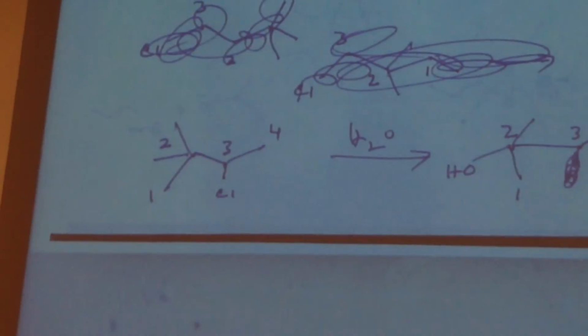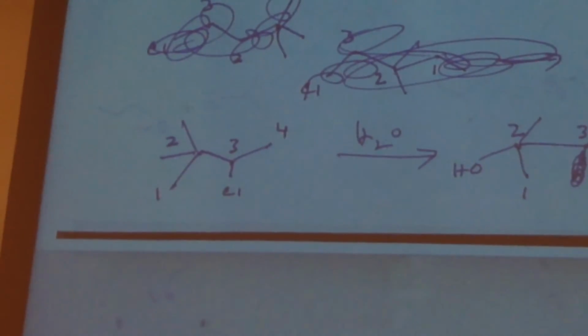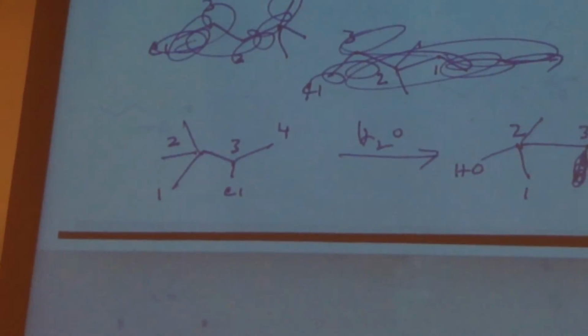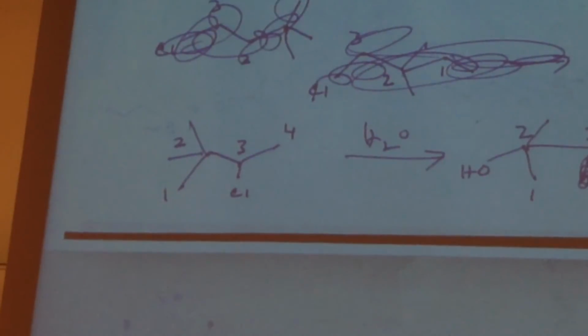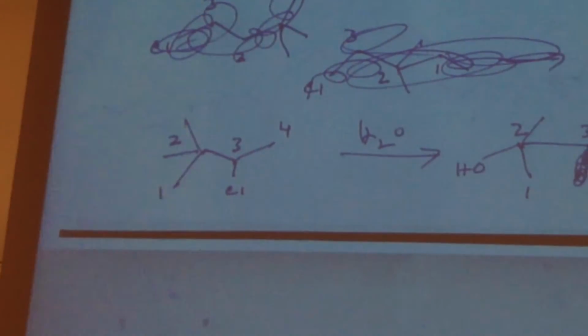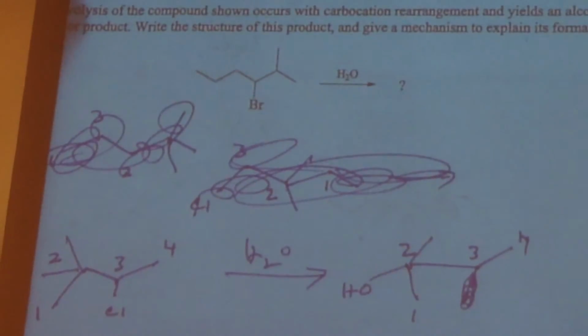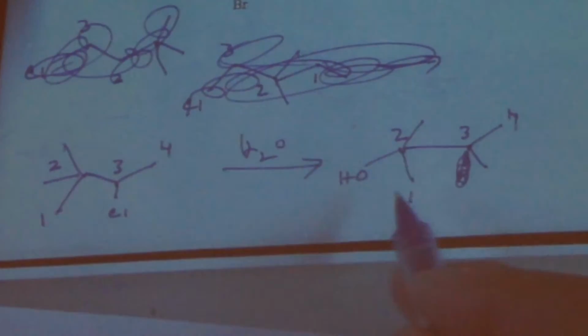All right. So in order to carry out this reaction, what you would see happen is: dimethyl butanol, correct, 1, 2, 3, 4, 5.